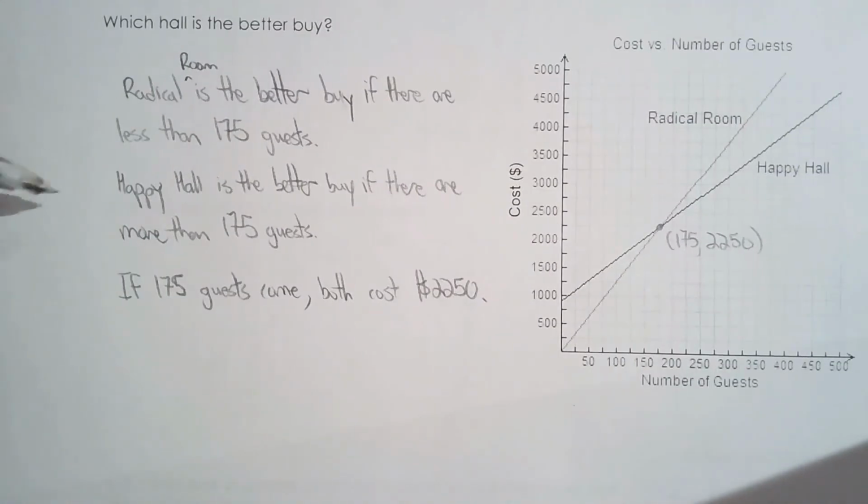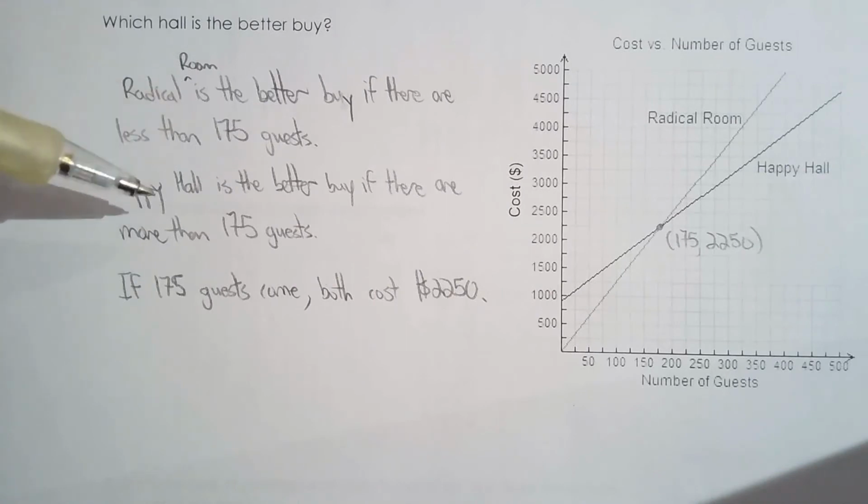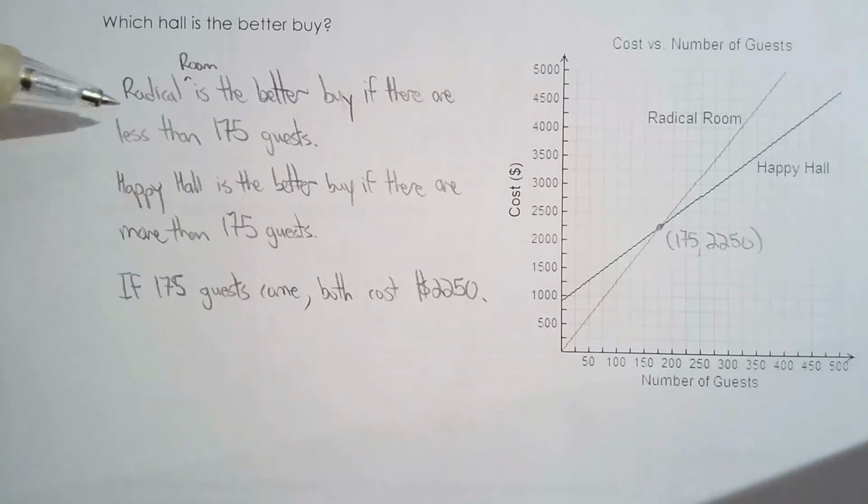Okay. So assuming that the two halls, the Radical Room and Happy Hall, are truly identical, okay, there's no difference whatsoever. That's a very important point. If Radical Room looks better, then this argument is moot. We're only talking about price and the guests, because if there's any difference between the rooms, then it's hard to make this comparison.